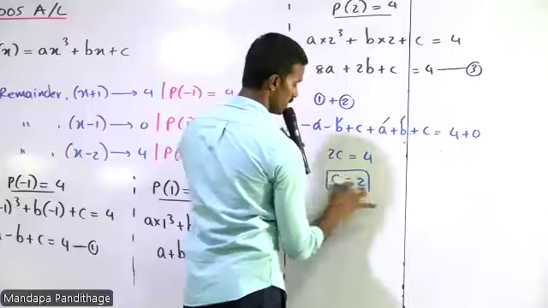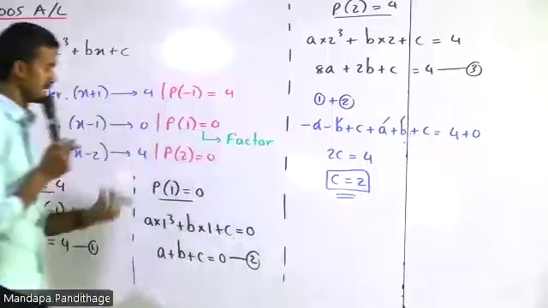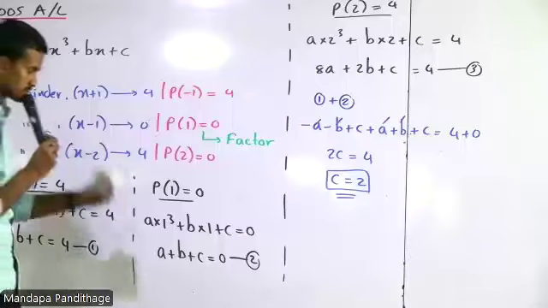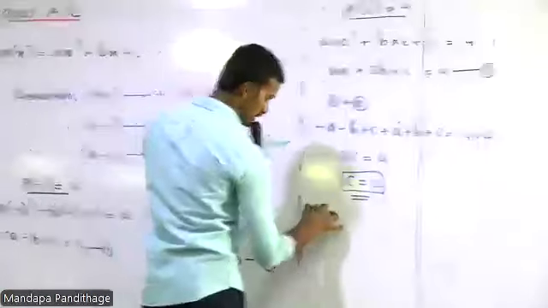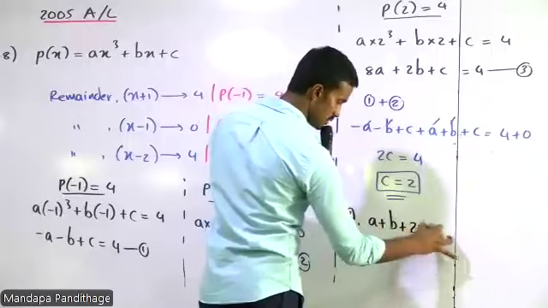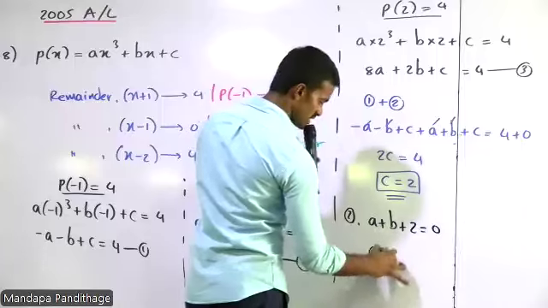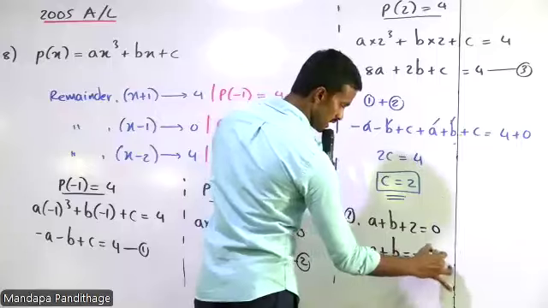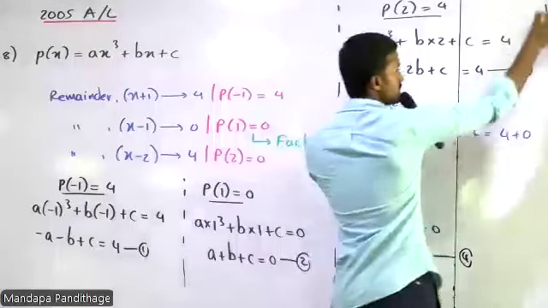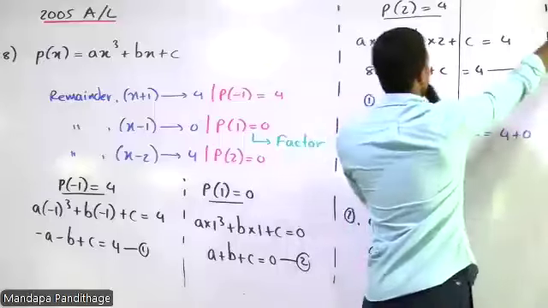So when you have one value, then you can easily get the other 2 simultaneous equations. From the second one, a plus b plus c, c is 2, is equal to 0. So a plus b is equal to minus 2. This is equation number 4. Now I got 2 simultaneous equations with 2 variables.